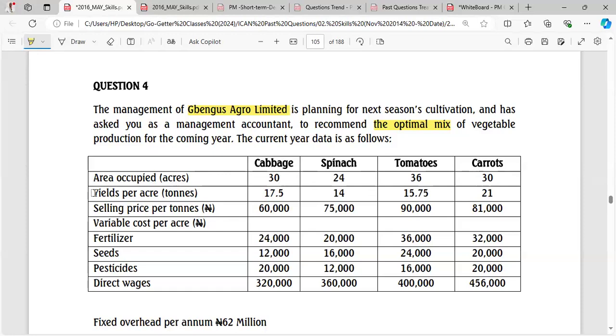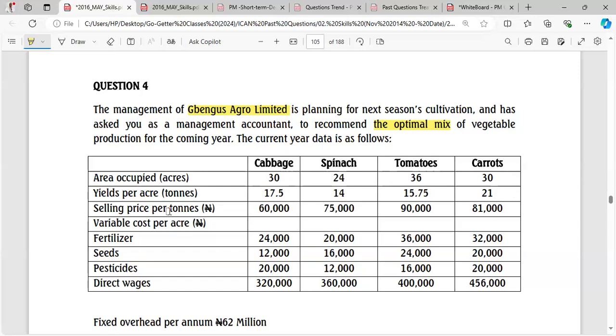Now this is the yield per acre. It means that in 1 acre of land, 17.5 tons of cabbage is yielded there. So 1 acre gives us 17.5. How many will 30 give us? We'll soon find that out. The same thing with spinach, tomatoes, and carrots.